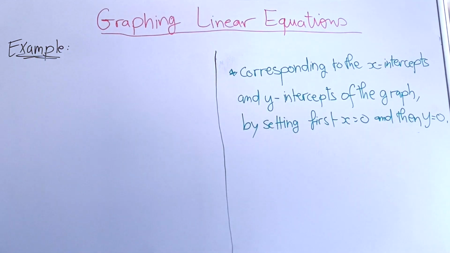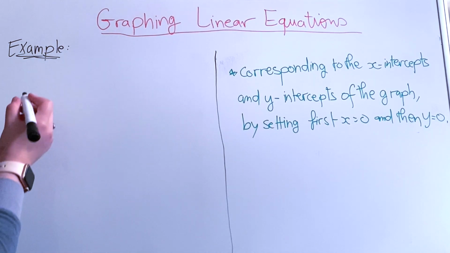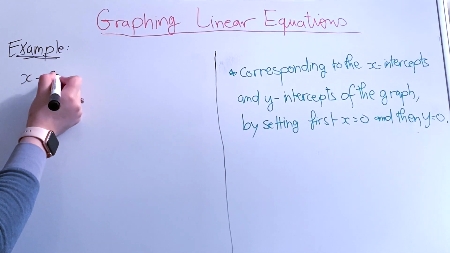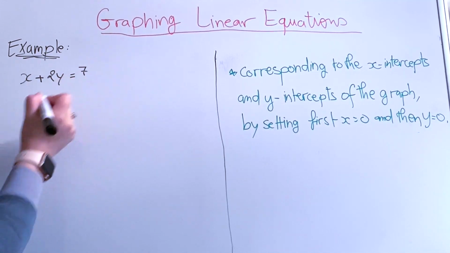Let's move to the second method. We find the x-intercept and y-intercept. To find the x-intercept and y-intercept, we set first x equal to 0 and then y equal to 0. So let's see in the example. We have, for example, x plus 2y equal to 7.